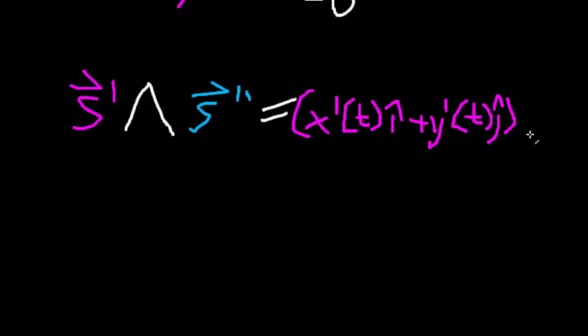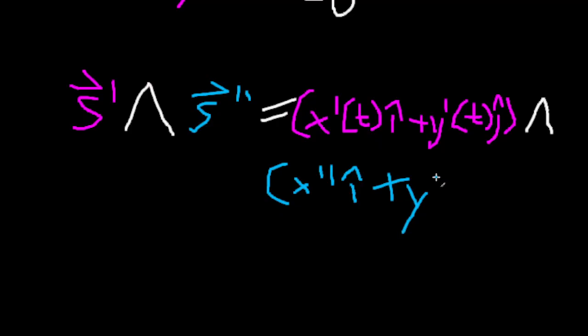And now let's go ahead and wedge that with, well, I'm out of space over there, so I'm going to write it down below. x double prime, let's not write the parameter, we can assume that, i hat plus y double prime j hat.